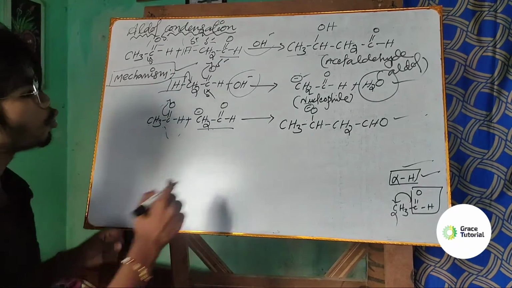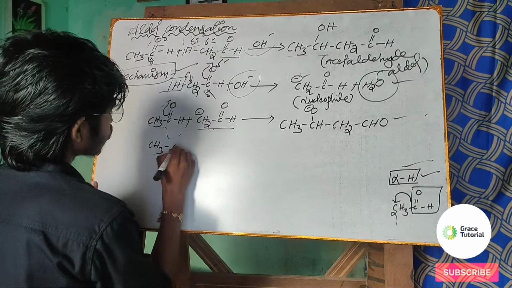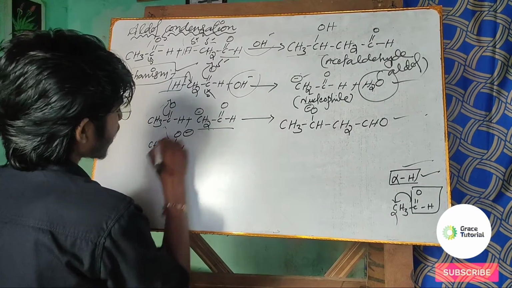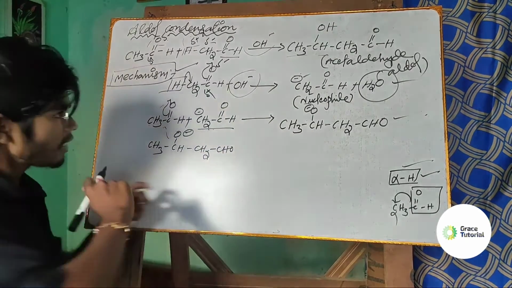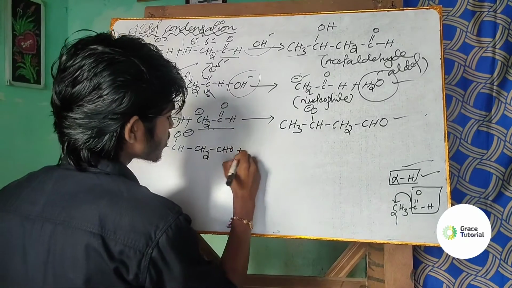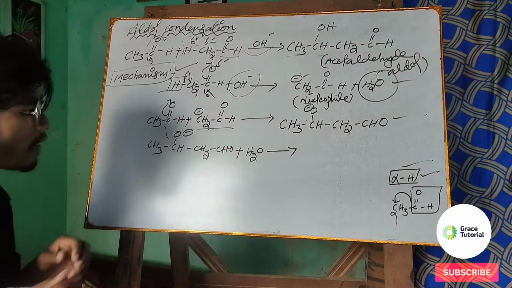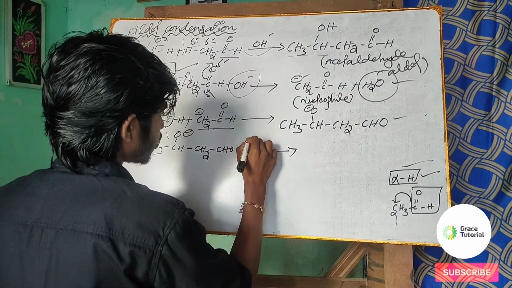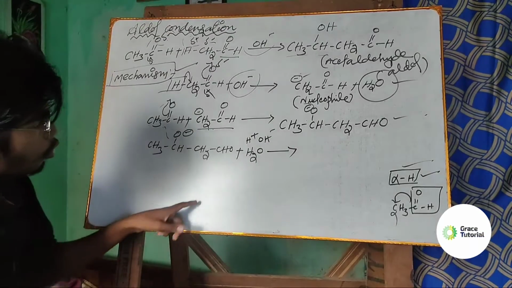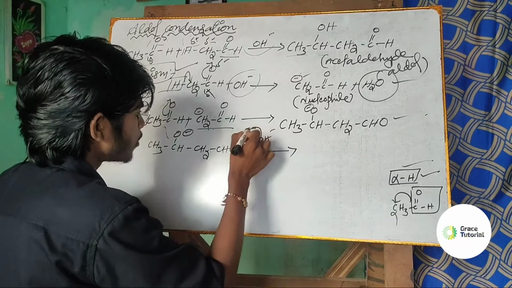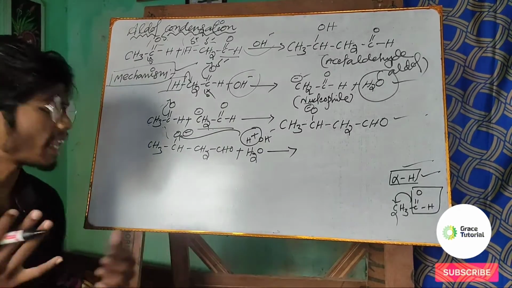And now look at here, I have CH3, CH, this is O minus, CH2, CHO. Here this is the product obtained. If I react it with water, if you dissociate water, what do you get? You will get H plus and OH minus, right? So this H plus will be attracted by the oxygen atom, which is electronegative.